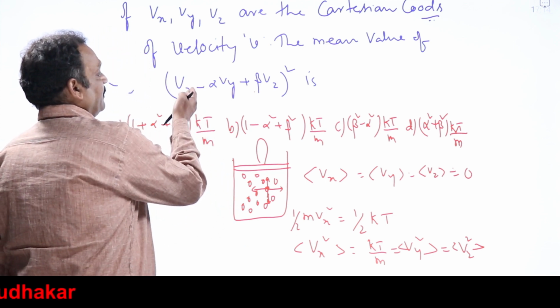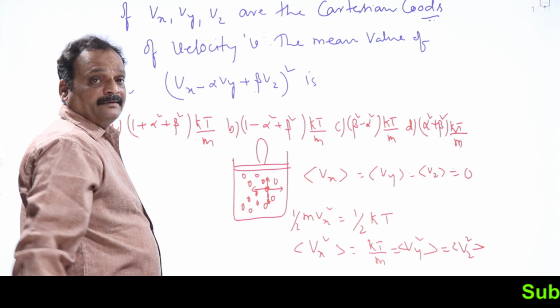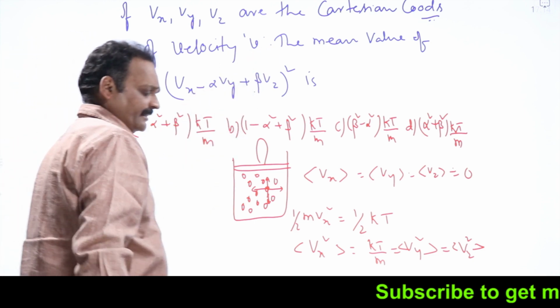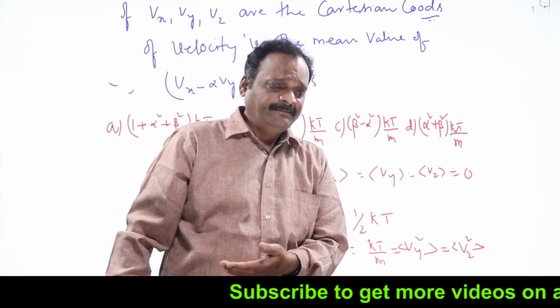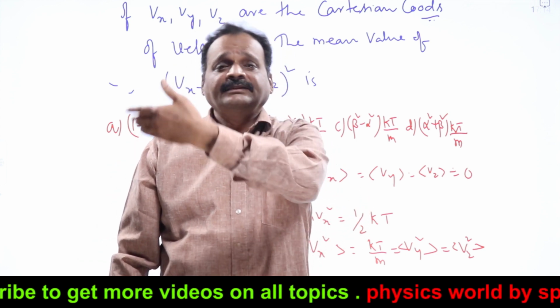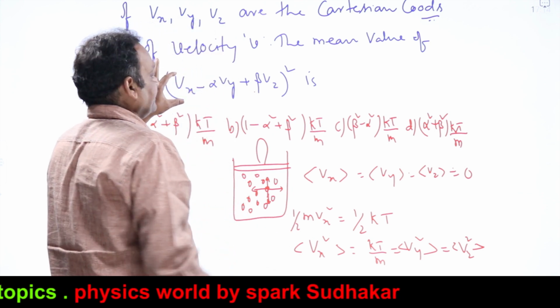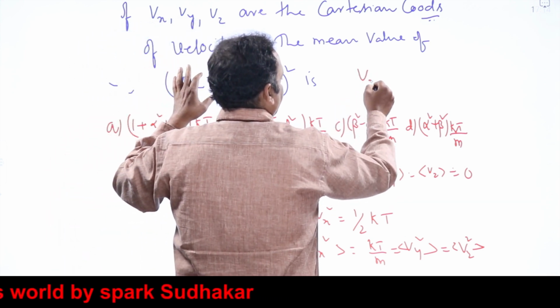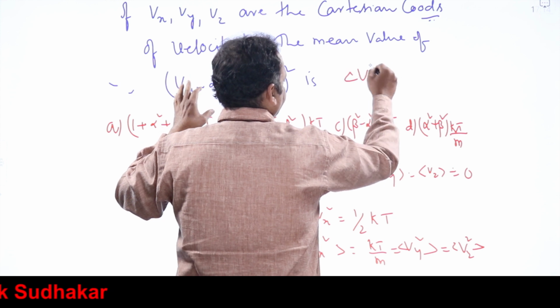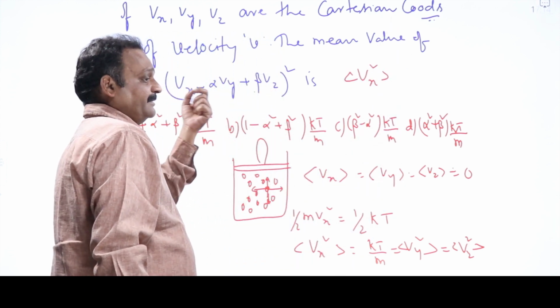It is in the form of (A minus B plus C) whole square, or take (A plus B plus C) whole square. What is (A plus B plus C) whole square? It is A square plus B square plus C square plus 2AB plus 2BC plus 2AC. Here A square is nothing but the expectation value of Vx square. Now write A square, B square, C square.